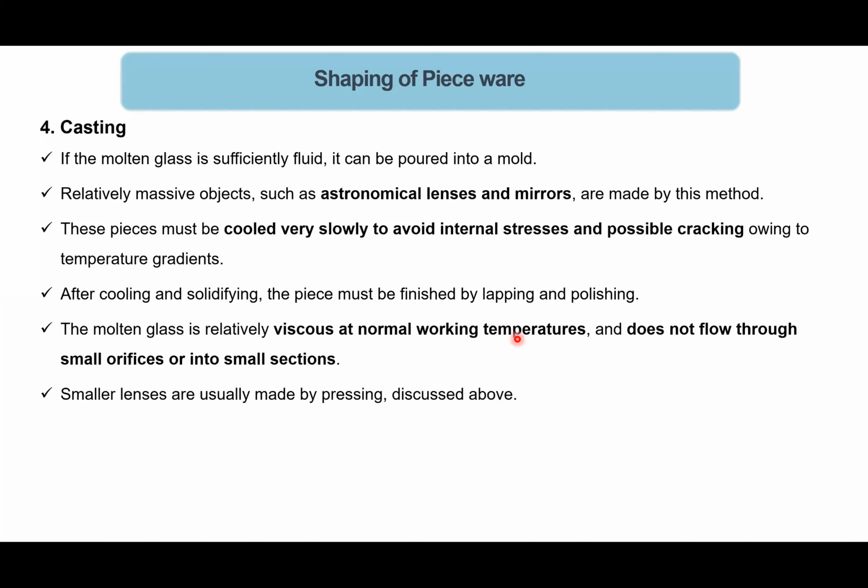That's why for very small integrated parts, it is not possible for the molten glass to reach into that small part of the mold. Smaller lens parts are usually made by pressing, the pressing method we discussed earlier.